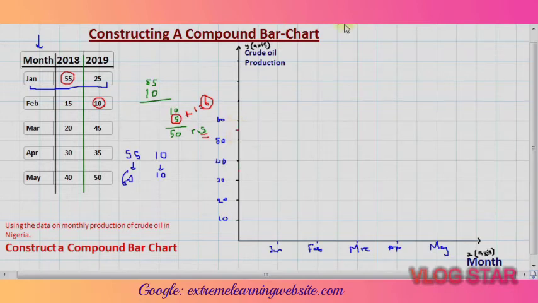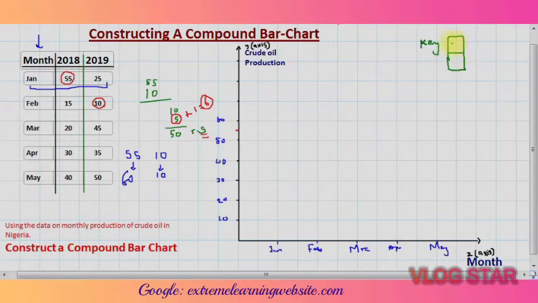But before plotting your graph in a compound bar chart, you need what we call a key. Now, what is that key? A key is what differentiates each of these, like the 2018 data and the 2019 data. That is why you need a key. Now, let's write it somewhere here. I need a key. I have two variables to deal with, 2018 and 2019.